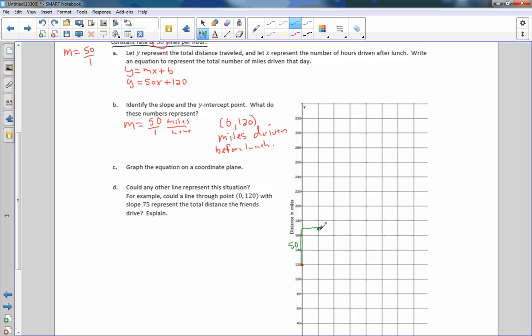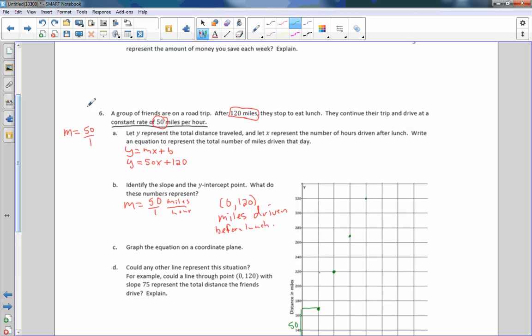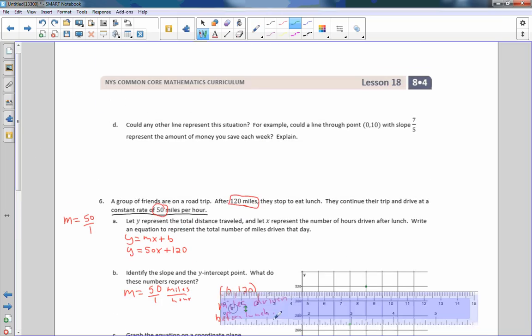If I continue that, there's 10, 20, 30, 40, 50 over 1. And so on, and so on, and so on. And now I'm going to draw a nice straight line using a ruler.